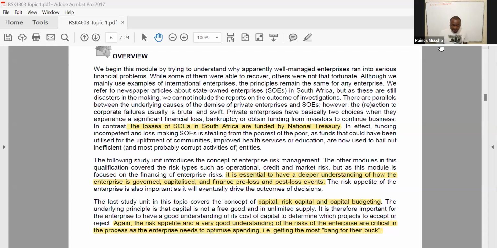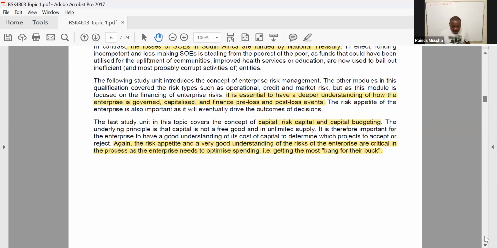Then they also say the risk appetite of the enterprise is also important, as it will eventually drive the outcomes of decisions. So the last study unit in this topic covers the concept of capital, risk capital, and capital budgeting.